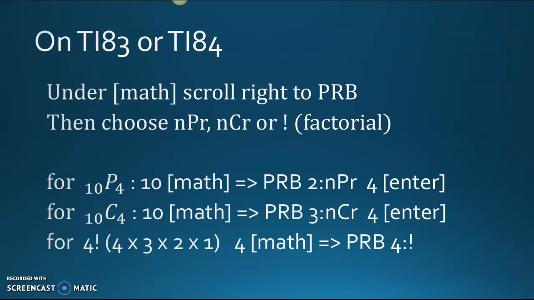So you just need to know, is it a permutation or a combination? Now, if for some reason you want factorial, you can do almost the same thing. You type 4, hit the Math button, scroll over to PRB, go down to 4 colon exclamation point and hit enter. That's it. Okay, so have fun with permutations and combinations and turn everything in.